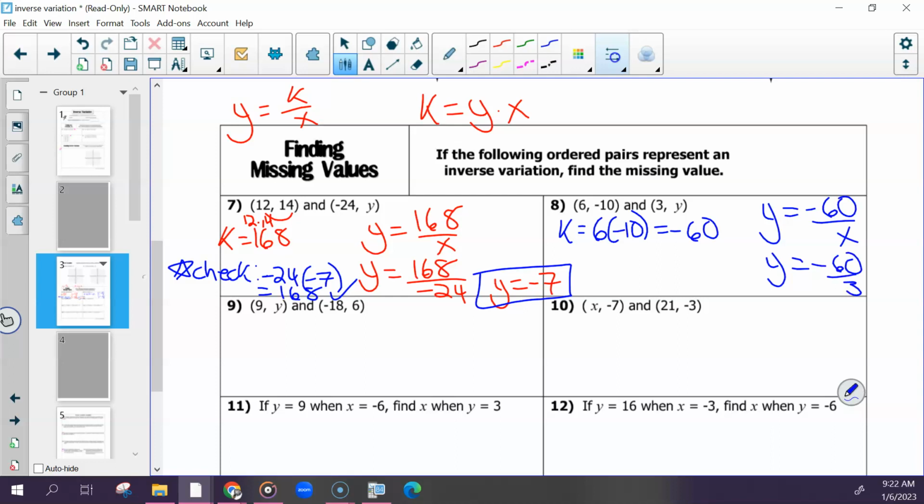So y would be -20. Or multiply -20 and 3, we get -60, so we know that works. Questions on that one?